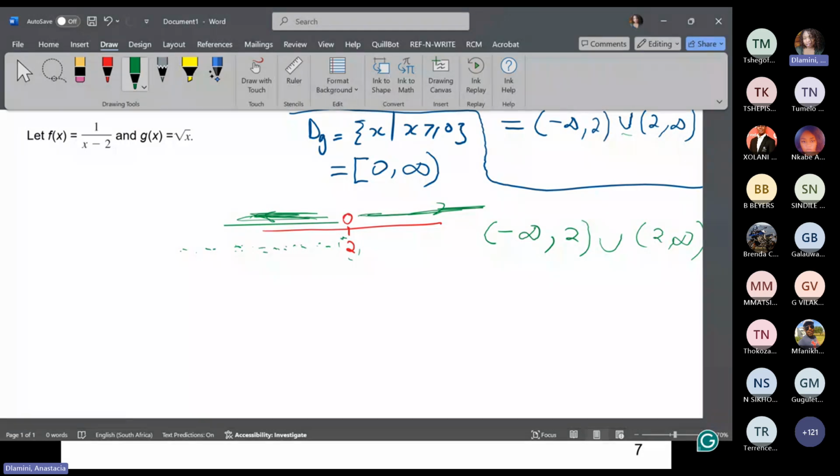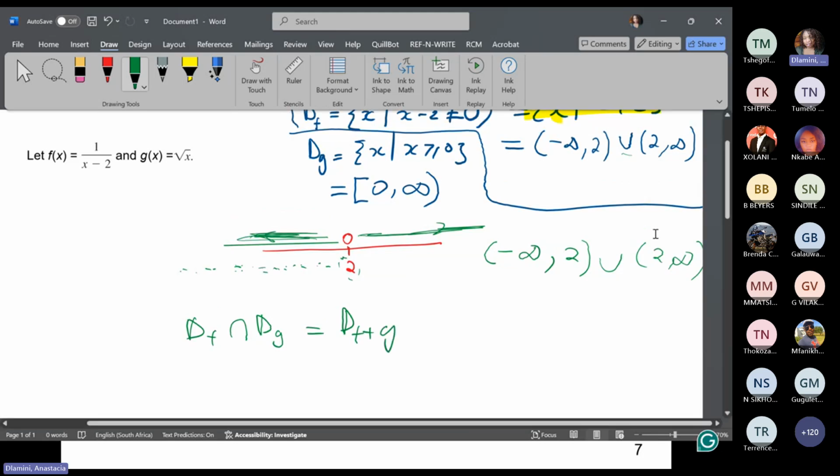You can't say you met me at Checkers when you were at Pick and Pay. Me and you, we have to both be at Checkers to meet, to intersect. So the intersection of the domain of f and the domain of g will give us the domain of f plus g. So please help me find the intersection here.